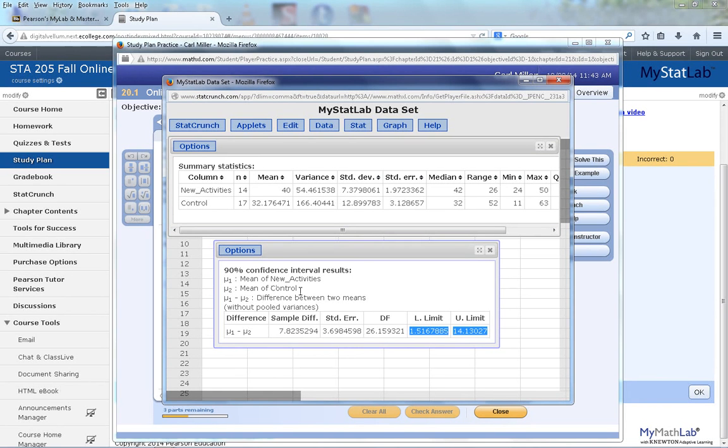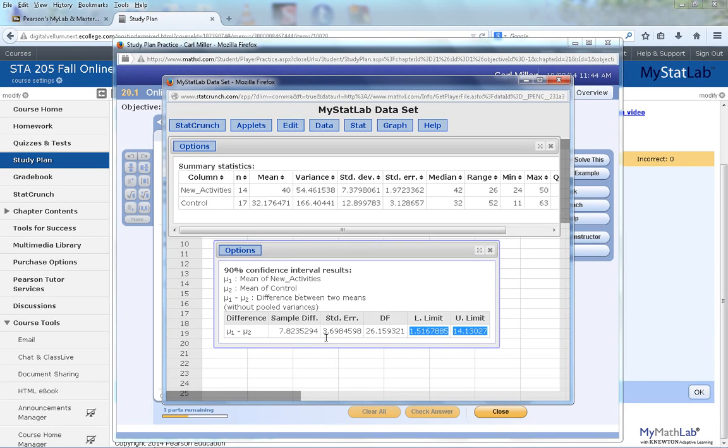Well, with 90% confidence, I would say that on average, students who could be taught using the new method are going to score 1.5 to 14.1 points higher than students who could be taught using the traditional methods in terms of reading comprehension. So it does seem like the new methods are increasing reading comprehension of students, at least as measured by this standardized test.